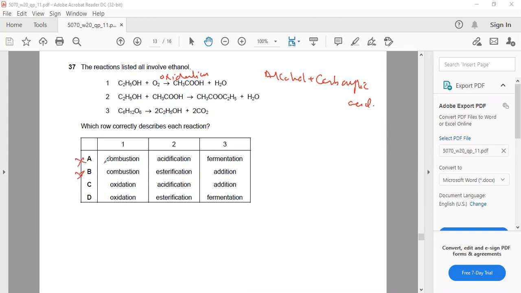So B and A are wrong because they are combustion. Any one of them is correct. Alcohol plus acid gives ester and water, esterification. Third is glucose solution to alcohol, which is fermentation. If you remember the fermentation of glucose solution. So D is the answer. Oxidation, esterification, number 3 is fermentation. Number 2 is not acidification.